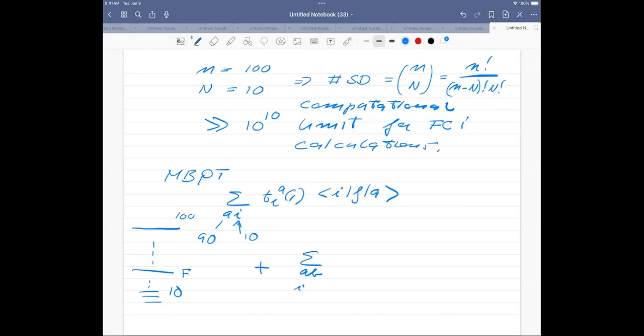And then i, j run from 1 to 10, so that is 10 to the power of 2. So 10 to the power of 2 times roughly 100 to the power of 2. So you have 10,000 times 100. This is the number of sums you have to evaluate, which is still a piece of cake.